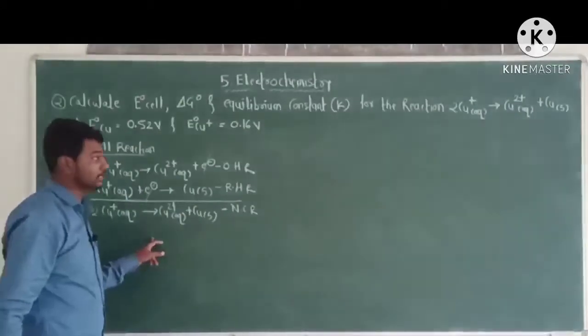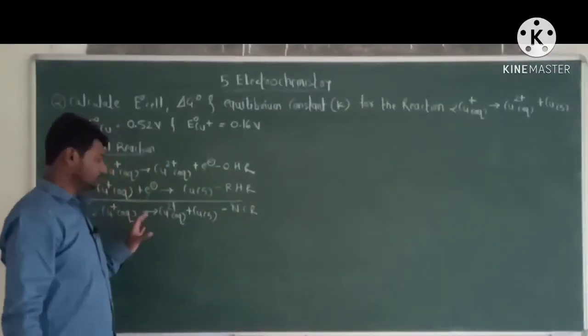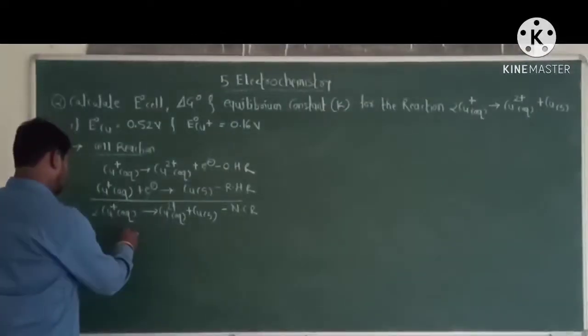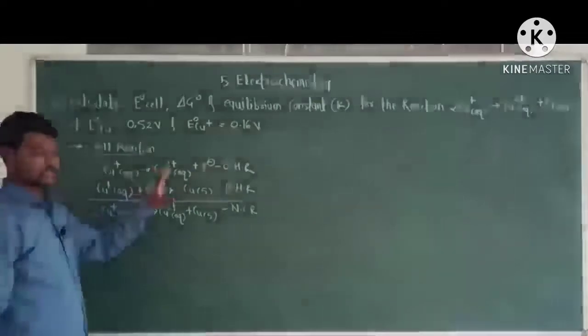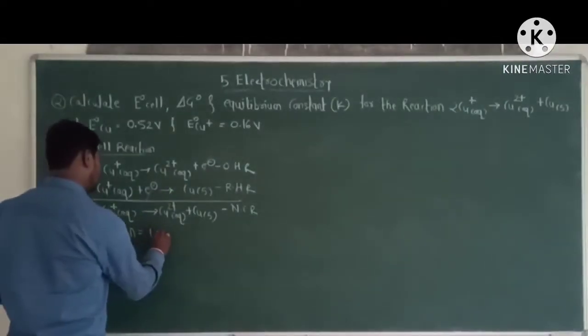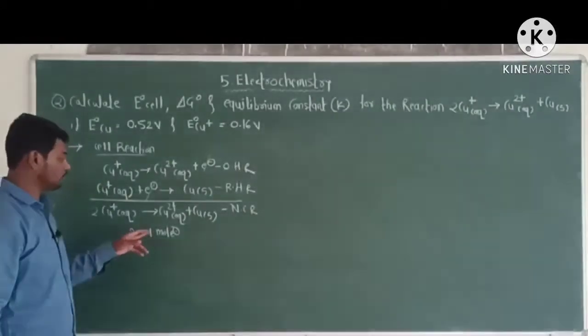This is the net cell reaction. From this reaction it is clear that the number of moles of electrons used is 1 mole electron. n is equal to 1 mole electron.